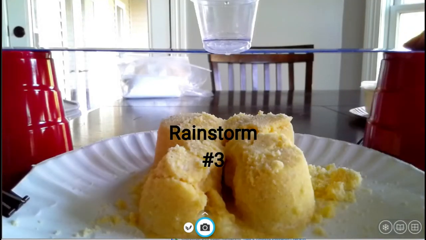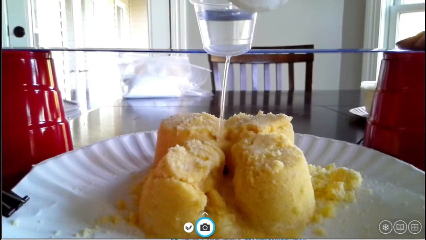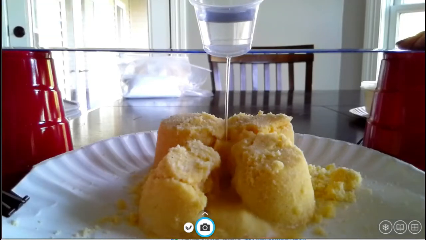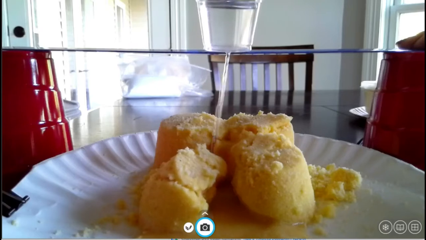All right, now we are going to observe and see what happens to our third cup of water on our land. Okay, that's good.